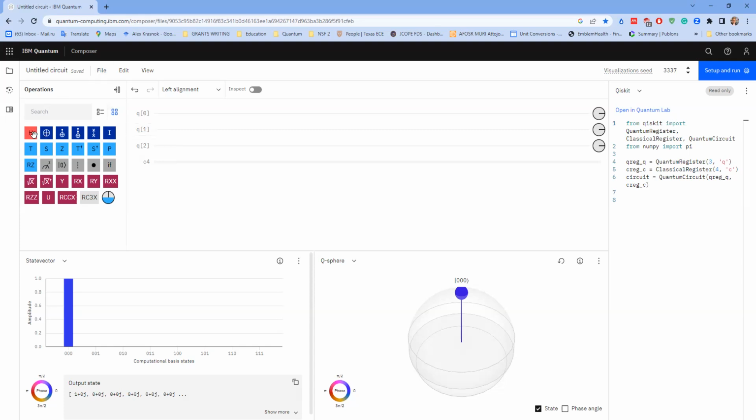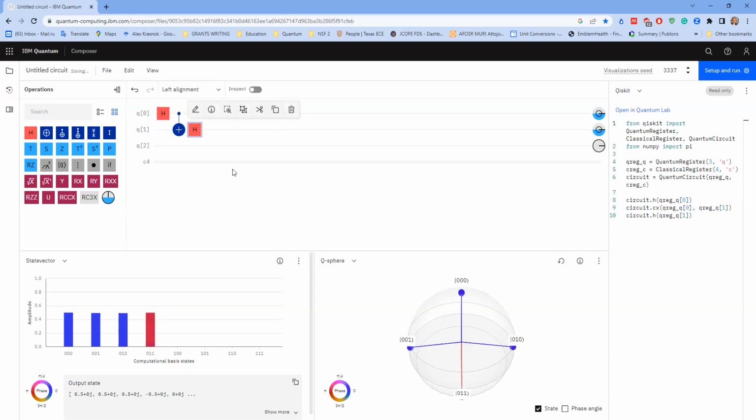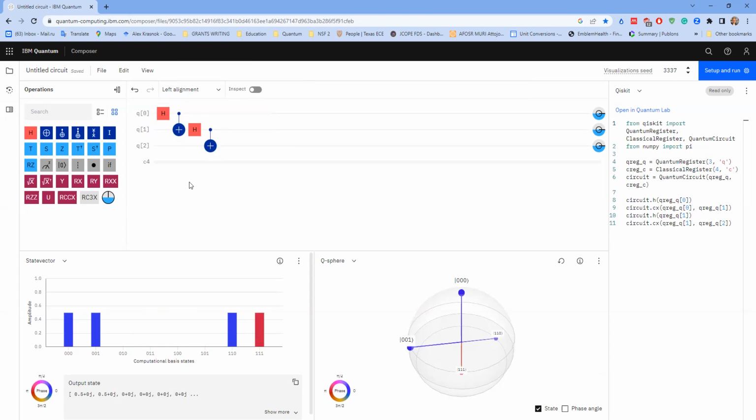And what I have: the Hadamard first, then CNOT between first and second, then Hadamard second, then CNOT second. Okay, and it's already calculated the result.